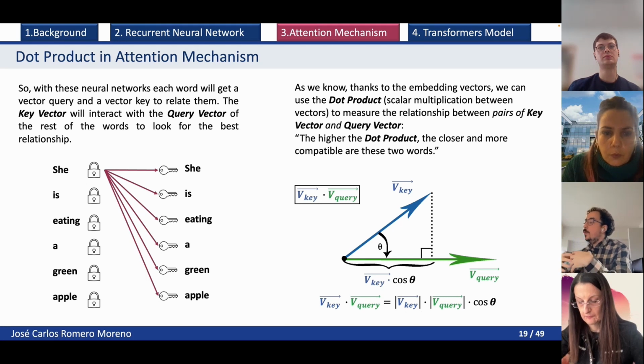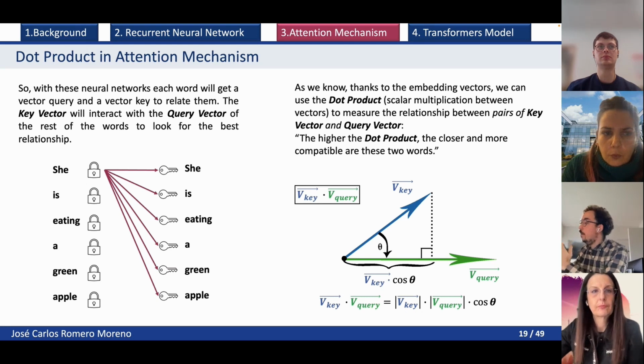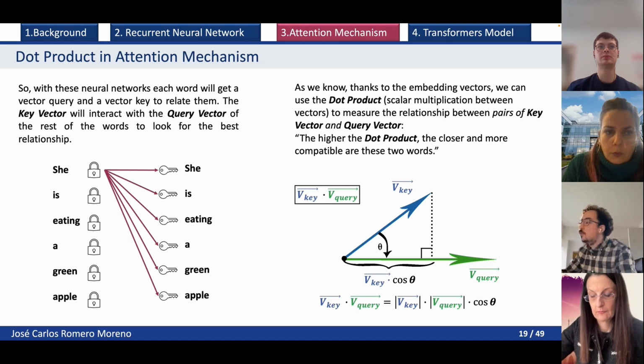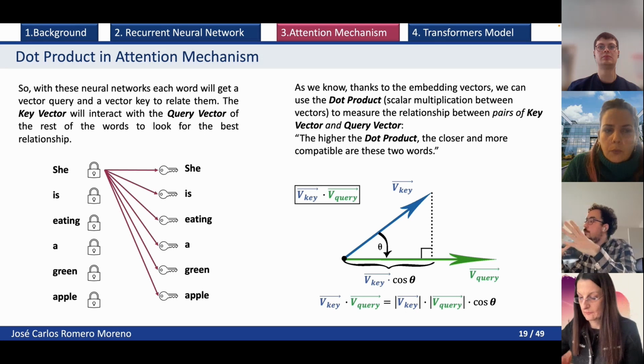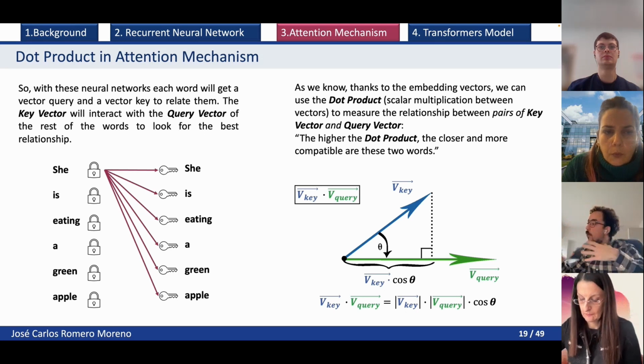With this dot product, we can measure whether two words are strongly related or not. For example, if we compute the dot product for the words cat and dog, it's going to be very high because they are two very similar words. But if I compute cat and, I don't know, car, they are not related, so the dot product is going to be the opposite value.